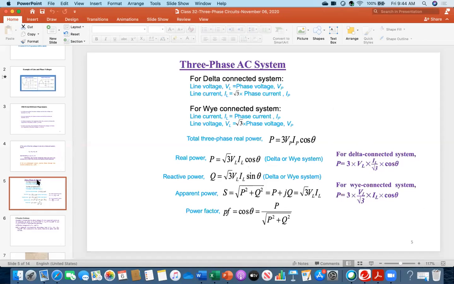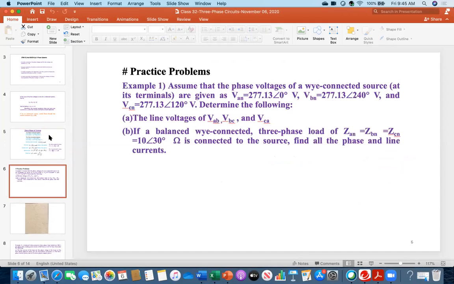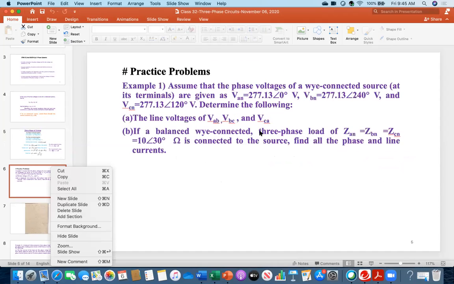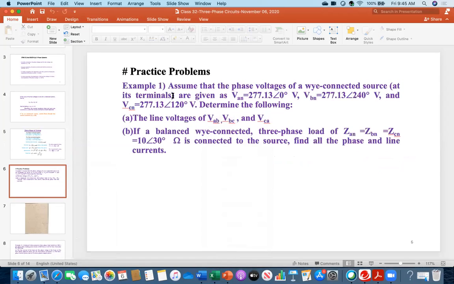Okay, now I will take you to a numerical problem. Then I will go back and forth and show you, and it will be helpful for you. Everybody read this practice problem. Example 1. Assume that the phase voltages of a Y-connected source at its terminals are given as Van is this number, Vbn is this one, and Vcn is this one.